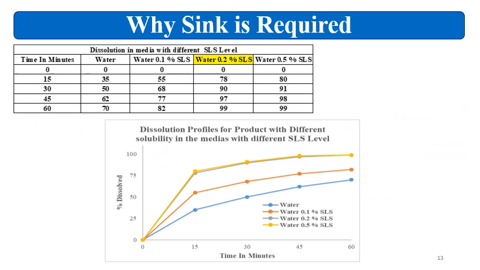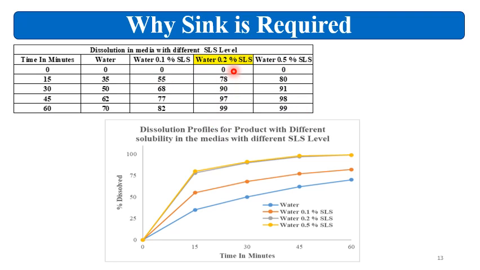The second example is the API or formulation with less solubility in water, and the solubility gets increased with different concentrations of SLS. So water is used as a media, and water with different concentrations of SLS is taken.